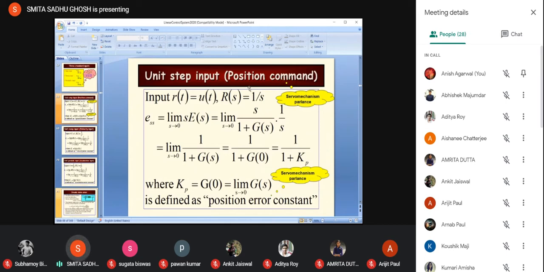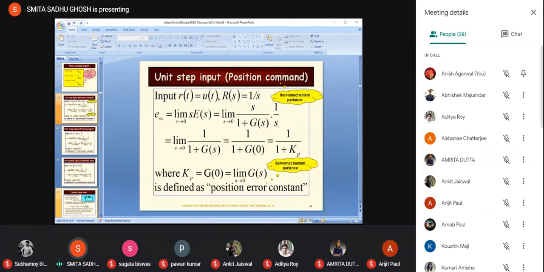So we go back to the case where a unit step input is being applied to the system. I hope you can see this slide, which is slide number 68, right? So the input in this case is a step input. You can see within brackets it's written position command. So where does this position command come from?